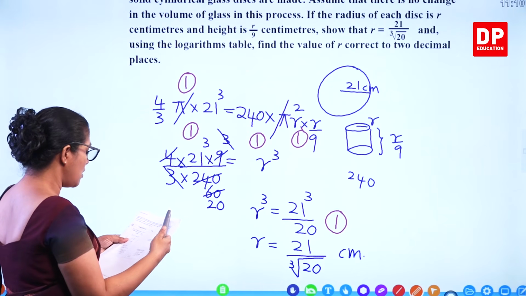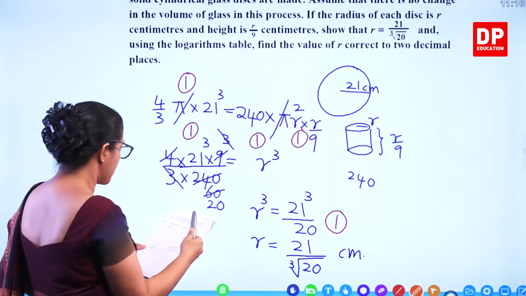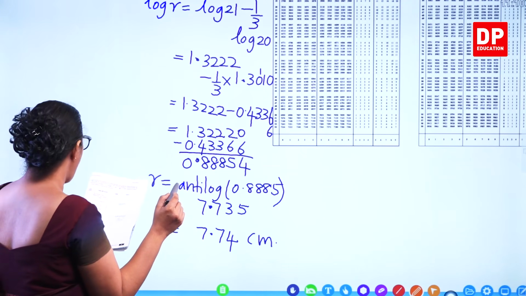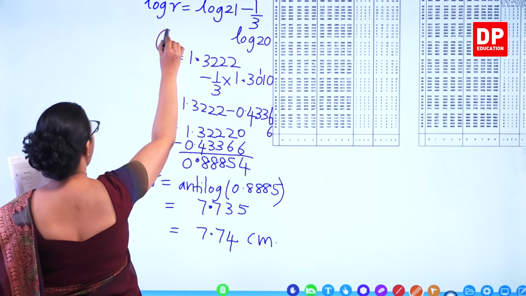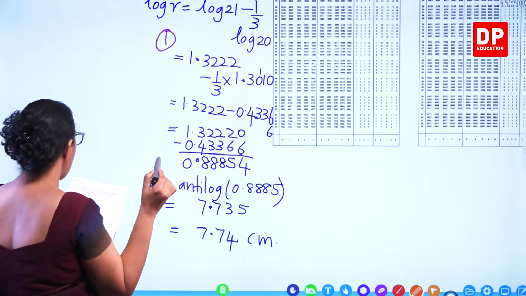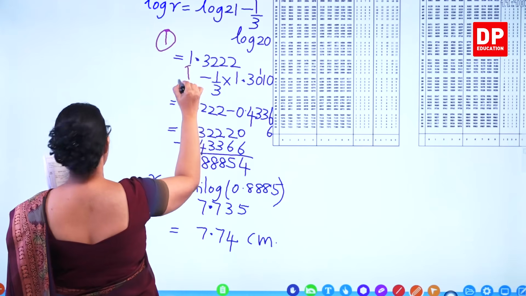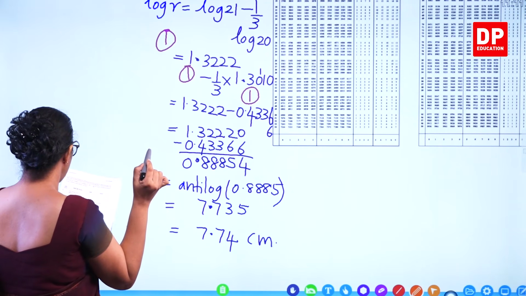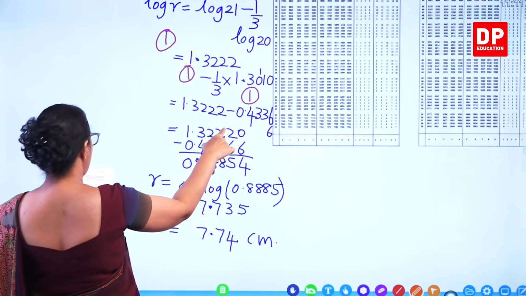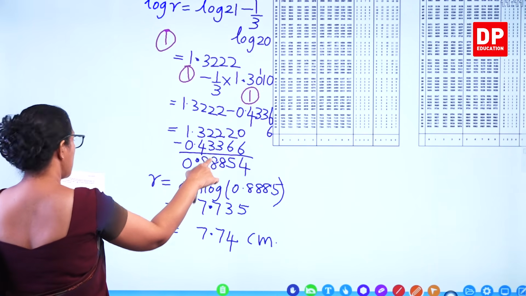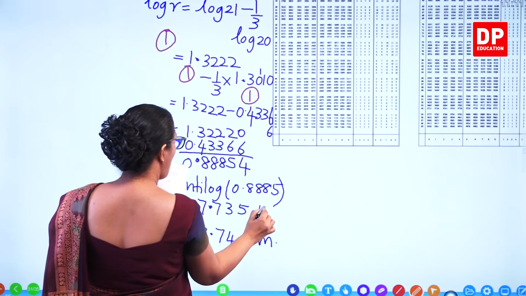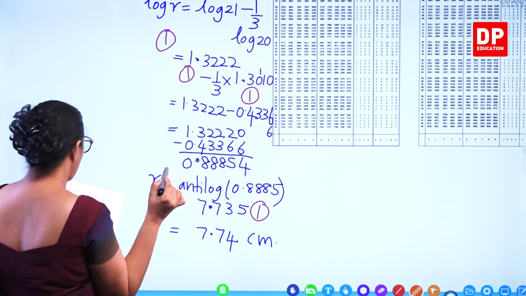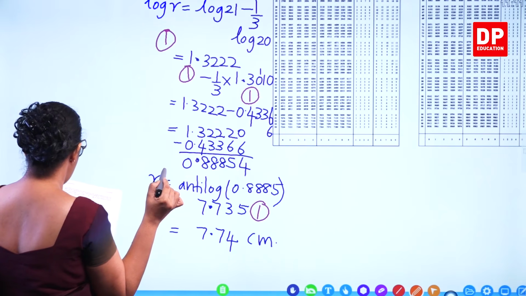So you get 2, 3, 4, 5 for this part, and the value, taking log both sides, 1 mark, and referring the tables and getting 1.3 and this 1 mark. Subtraction here, 1 mark there, 3, and taking the antilog value, 1 mark, and what's the other one?